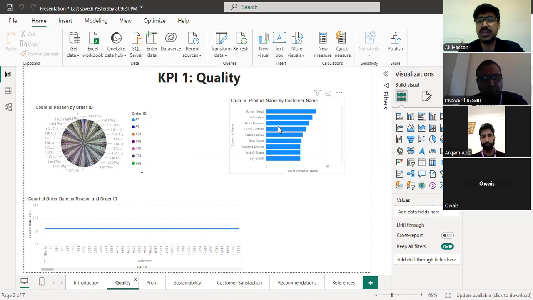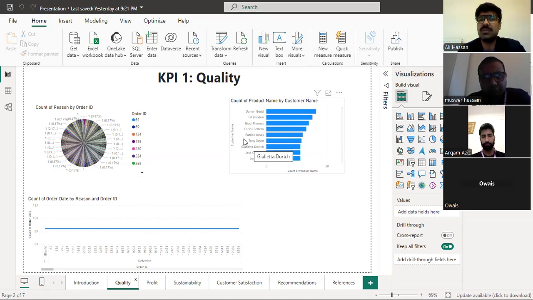Next is the bar graph. This graph likely represents the number of different products associated with each customer. We have the customers' names over here, like Darren Bart, Joy Smith, Tony Shire.